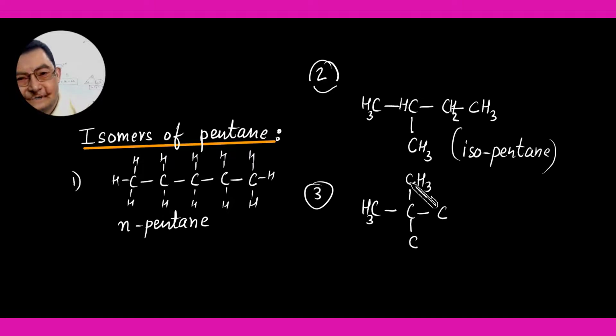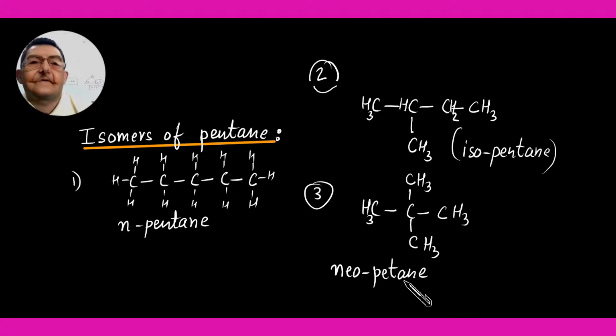CH3, because one bond is already used, the other three bonds are occupied by hydrogens if you're drawing this way. CH3. Okay, and what is the name of this? That is called neopentane.